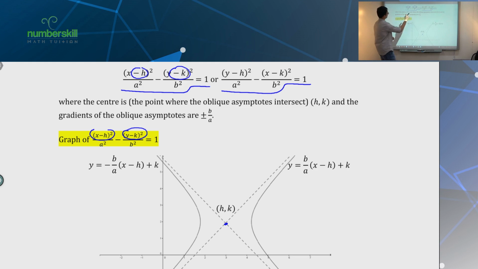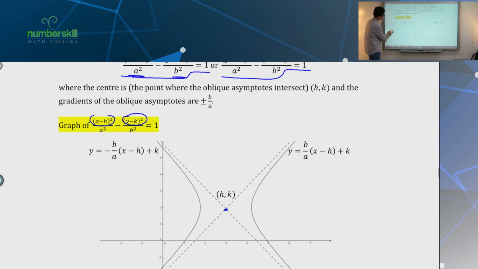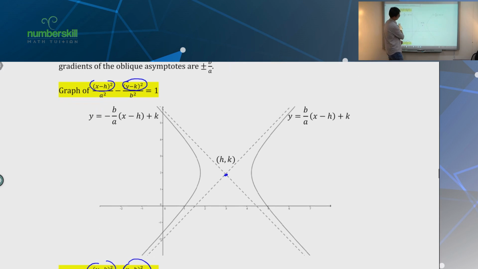That's all. Now, because this is a hyperbola, not an ellipse, you can't say that this must be the horizontal radius and that the vertical. No, it's not. But a and b tell you something important as well. What is it? It gives you the gradient of your oblique asymptote.